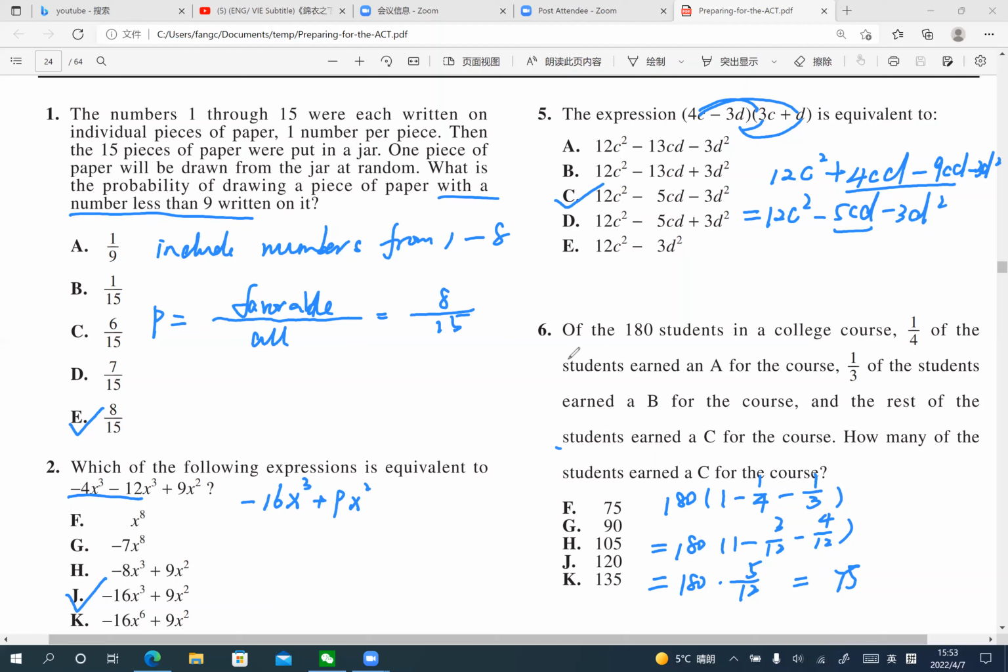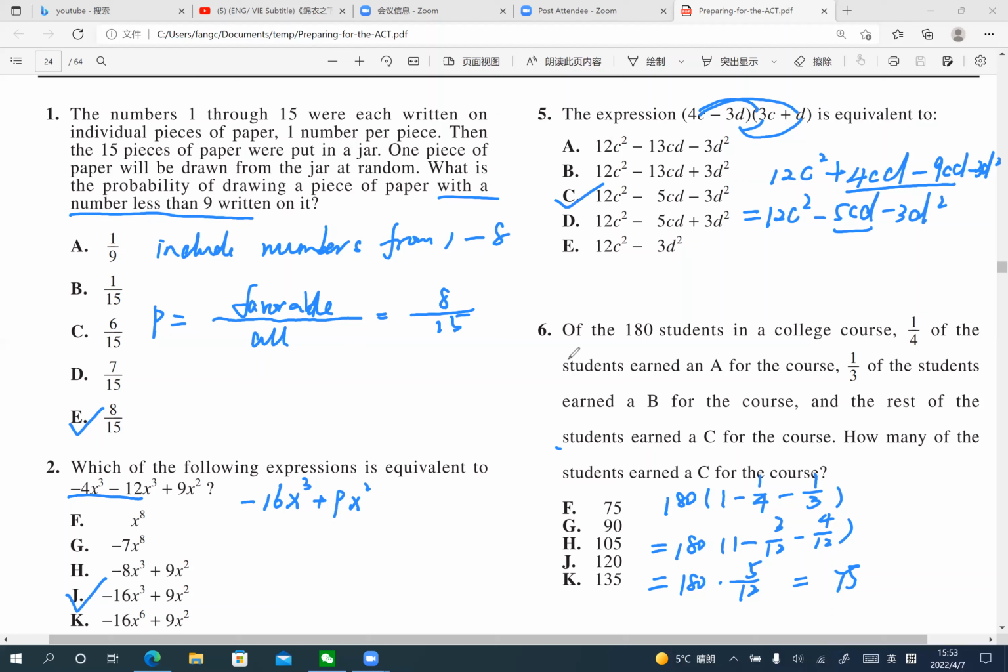Question 6. Of the 180 students in a college course, 1/4 of the students earned an A for the course, 1/3 of the students earned a B for the course, and the rest of the students earned a C for the course. How many of the students earned a C for the course?